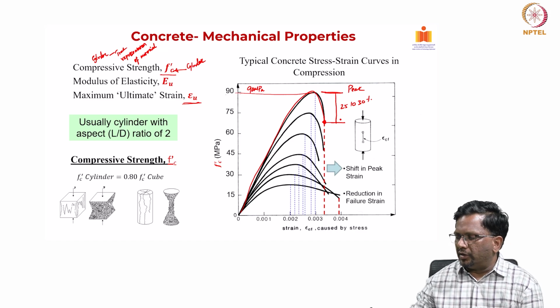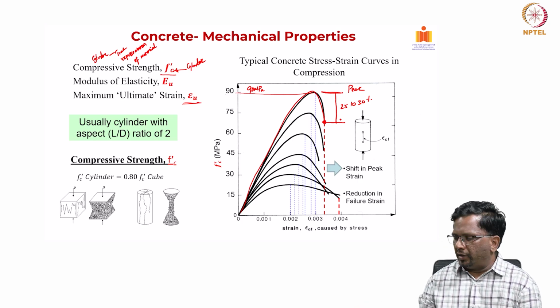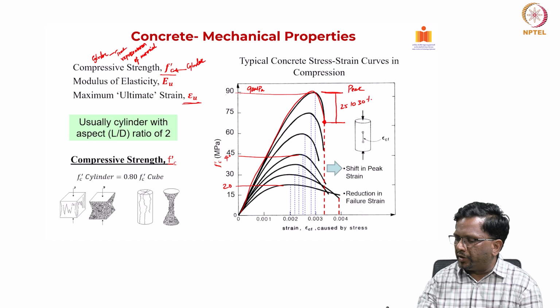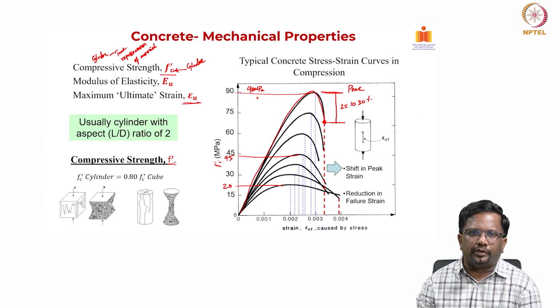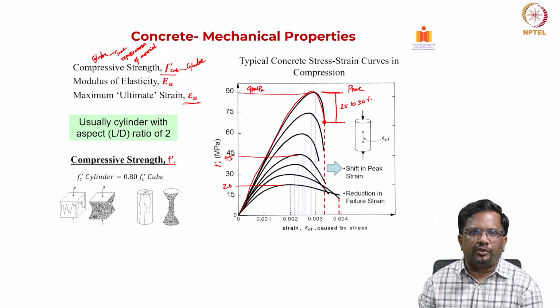And this is how we get the stress strain curve, and when we plot it, you can clearly see here that this is for different grades of concrete. For example, this is for 20 megapascal, this is for 45, let's say, and this is for 90. So what you see here is that as the strength of the concrete increases, your elastic modulus increases.